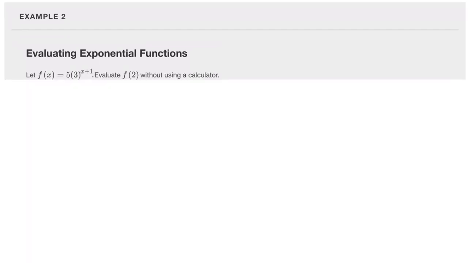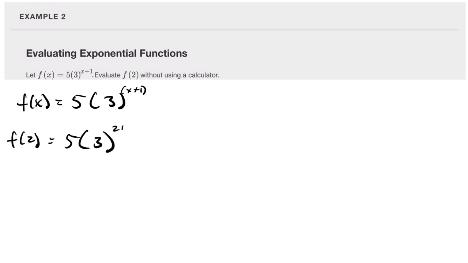So given this f of x, evaluate f of 2 without using a calculator. Our given f of x is 5 times 3 to the power of x plus 1. And we're asked to evaluate f of 2 without a calculator. So 5 times 3 to the power of 2 plus 1.